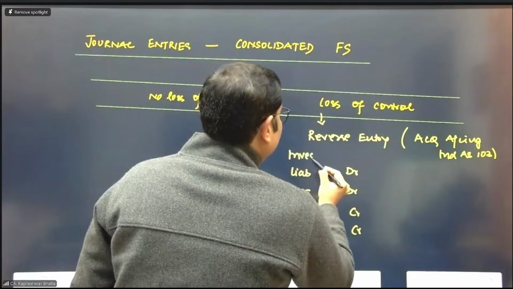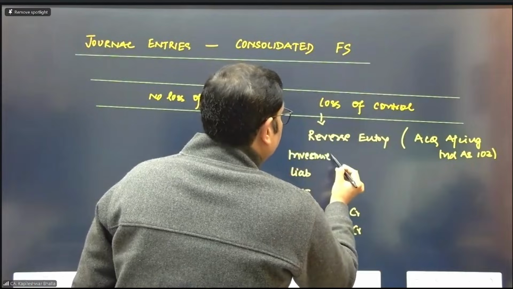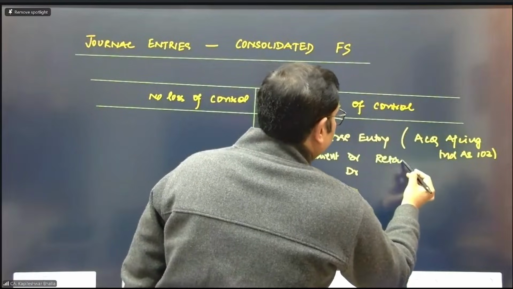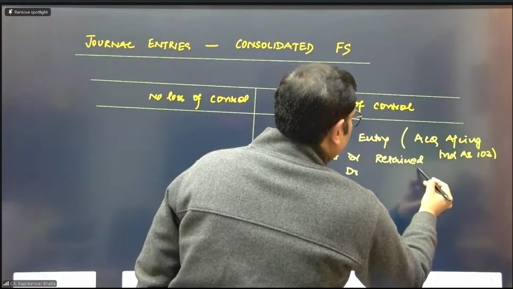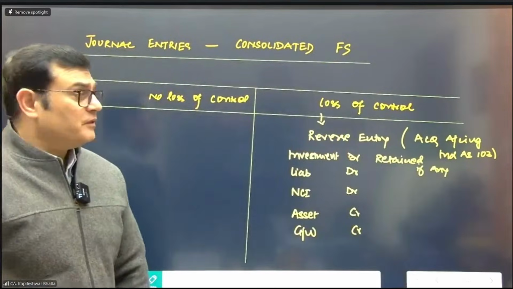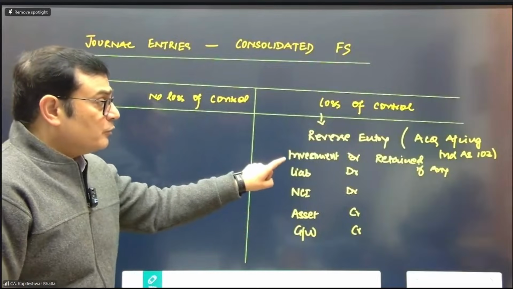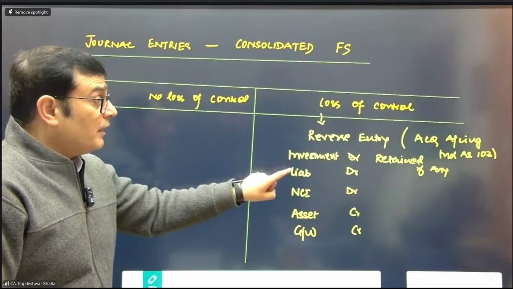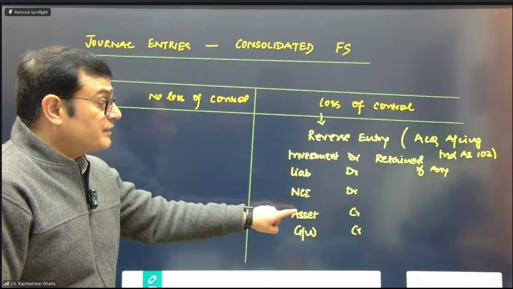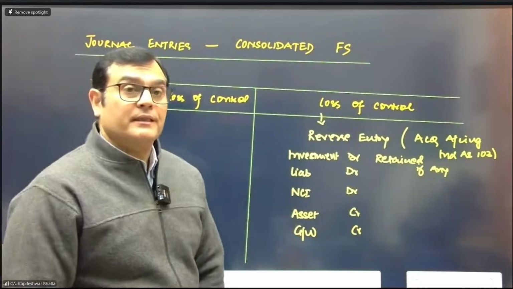Investment retained, if any. This is the investment which is retained, if any. That will be given a debit. So in this particular case, the investment retained will be given a debit, liabilities de-recognize, NCI de-recognize, assets and goodwill all de-recognize.